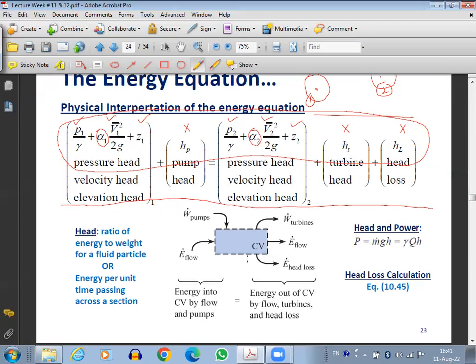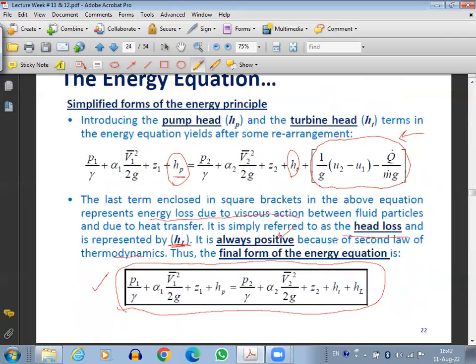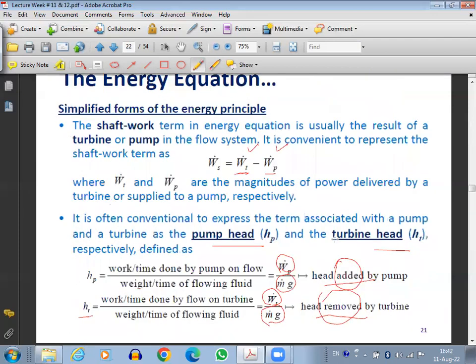Power and head: if we have the head, we can find out the power, or if we have the power, we can find out the head. The formula for it is this. As we did earlier when we were discussing the turbine work or the pump work, we said that the pump head will be pump work divided by m dot g.